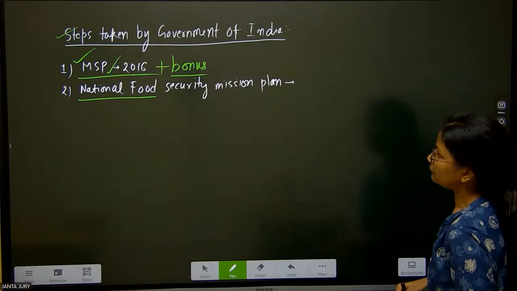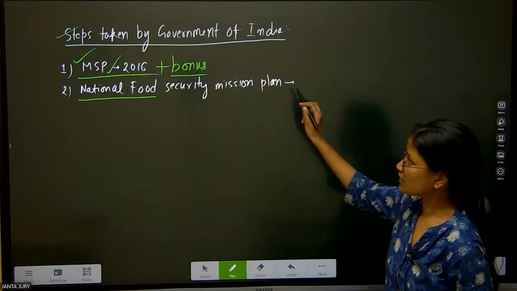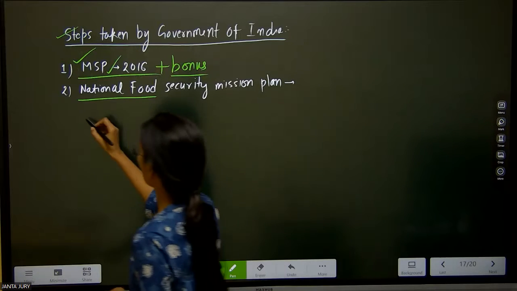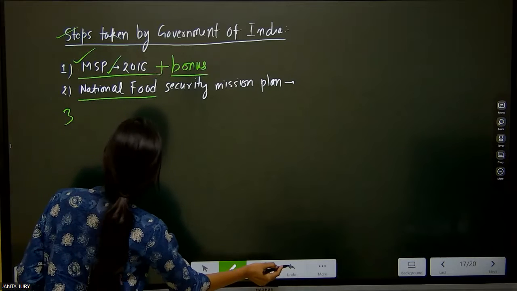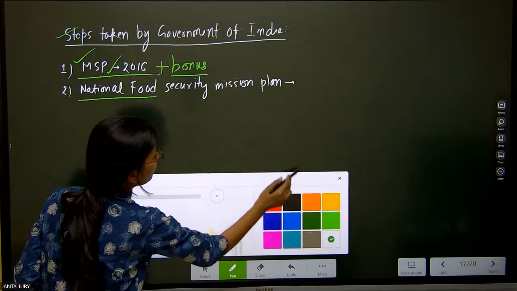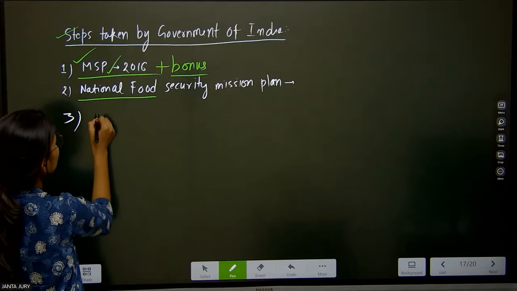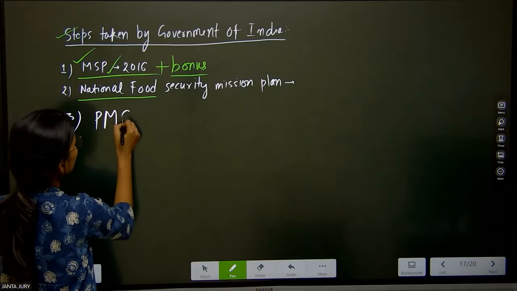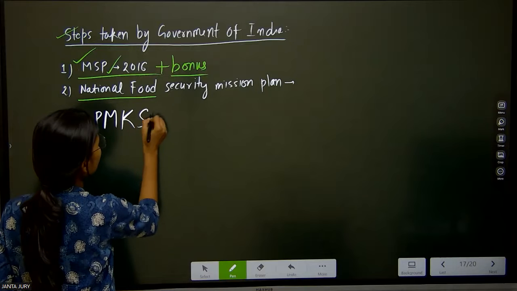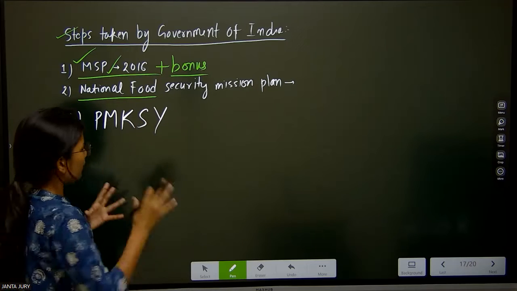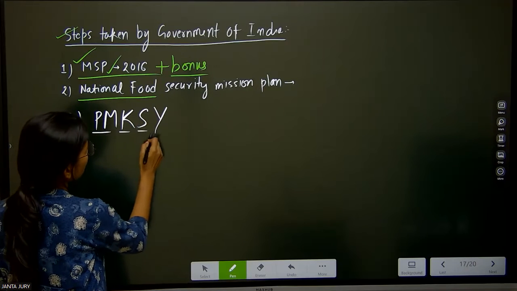Now, I think we have discussed the steps taken by the government, but still I would like to add that you can also write here the Pradhan Mantri Krishi Sinchai Yojana, which is also being done by the government. The third is the PM Krishi Sinchai Yojana.